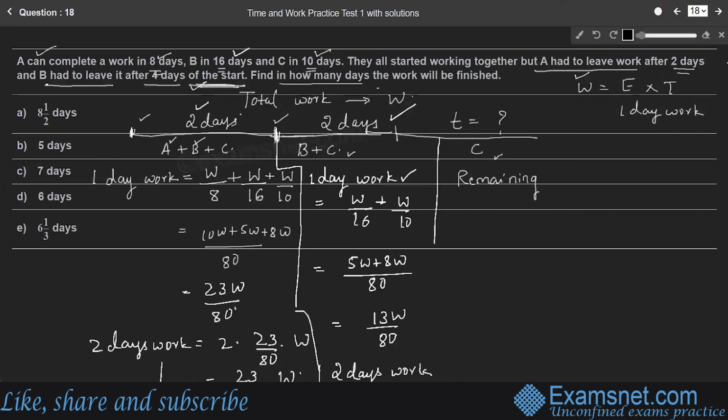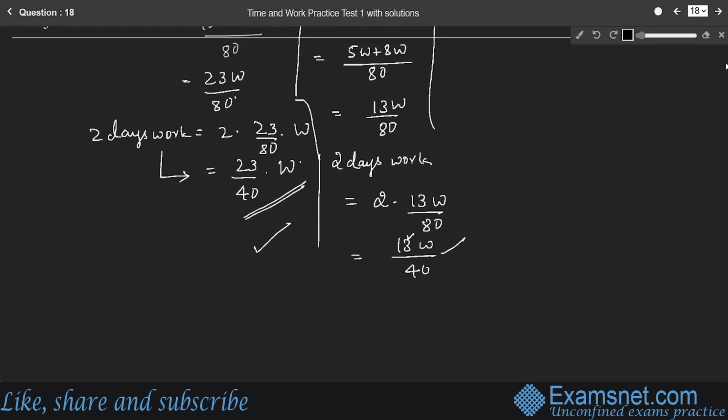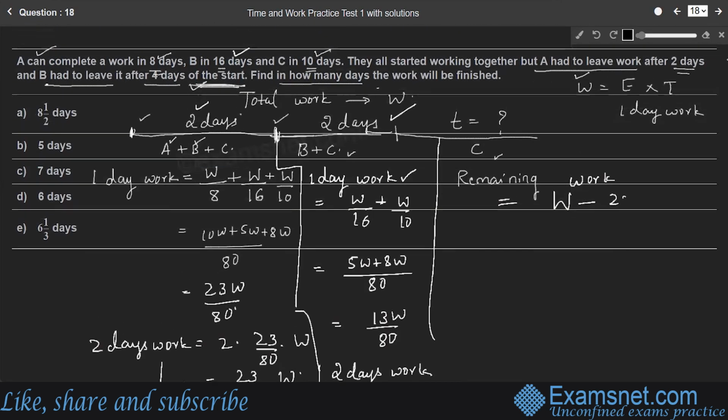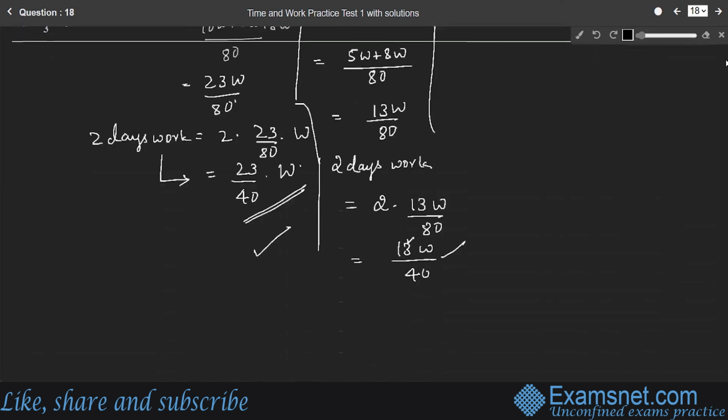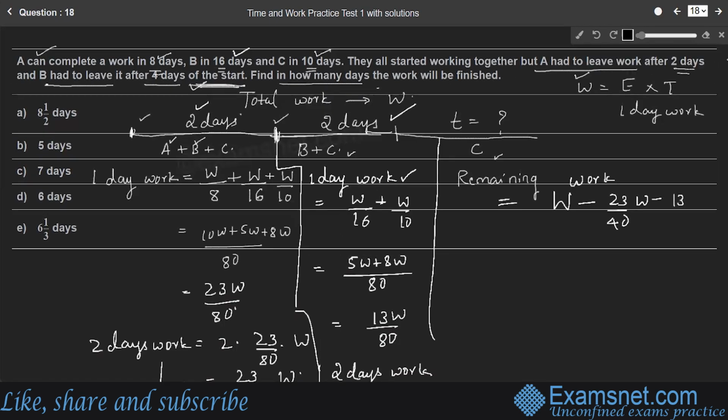So what is the remaining work? How to find the remaining work? Total work minus work done by A, B, C in the previous parts. Remaining work is equal to total work W minus work done by A, B, C in the first 2 days, which is 23 by 40 of W, minus in the next 2 days what B and C can complete, which is 13 by 40th part of the total work.